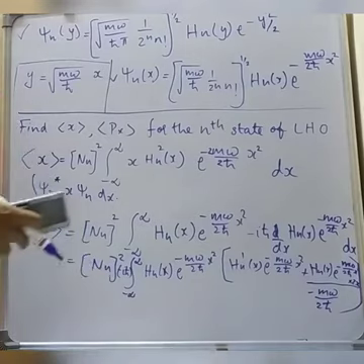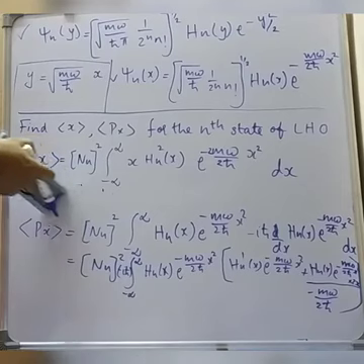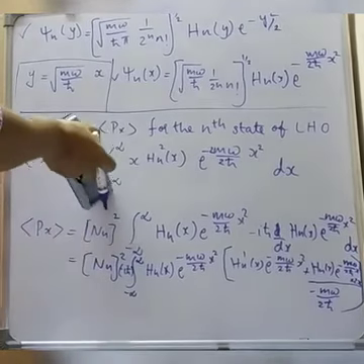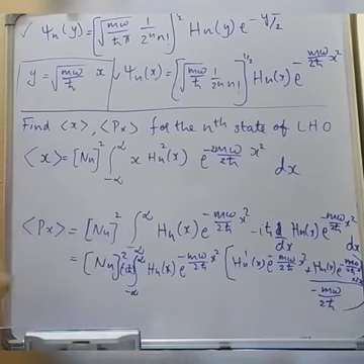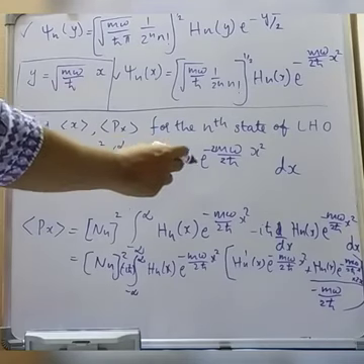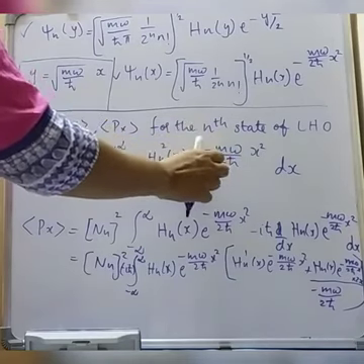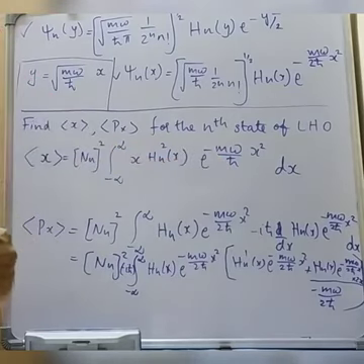Whenever we use the expectation value, we have to sandwich the operator between psi star and psi. That is what I have done, and N star N is taken outside. Now we have x H_n square e raised to minus m omega by h cut into x square dx.